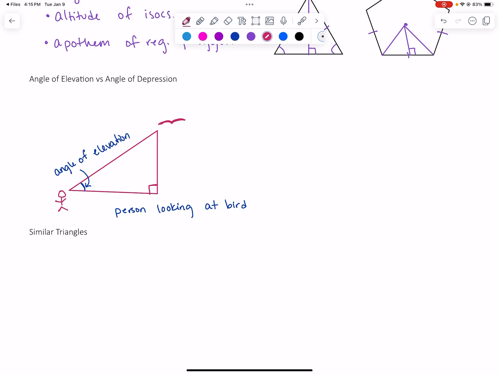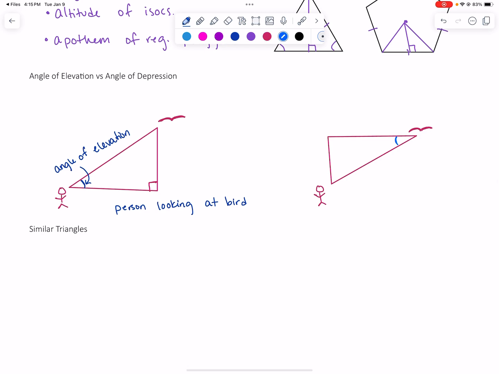Now, the other angle that we talk about is, once again, we have this guy down here on the ground, and we have a bird up in the sky, but now the bird is looking down at the guy. And so now when we create this right triangle here, we're talking about the bird's point of view, and this angle is going to be our angle of depression.